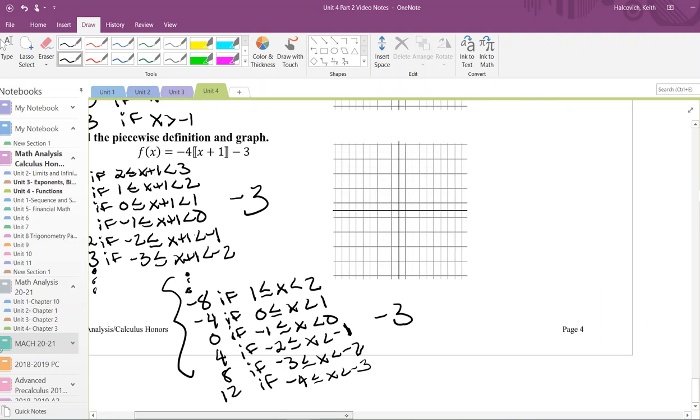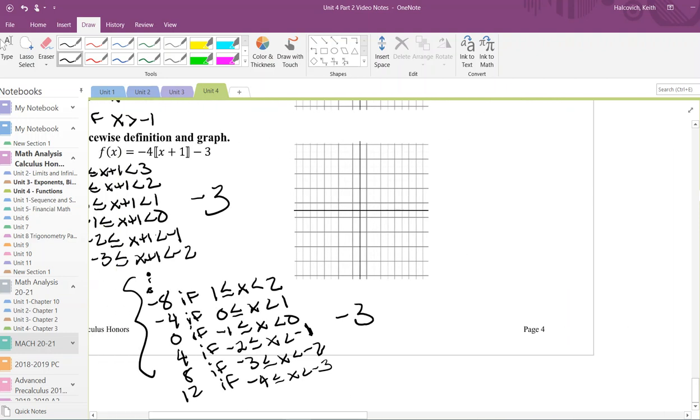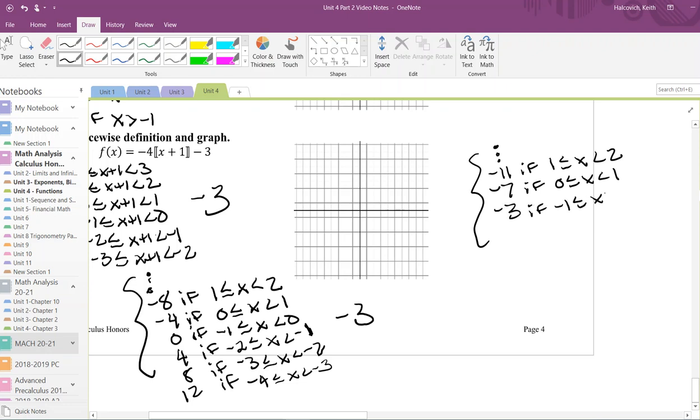So last but not least, you subtract 3. So your final piecewise definition is going to be -11 if it's between 1 and 2. -7 if it's between 0 and 1. -3 if it's between -1 and 0. 1 if it's between -2 and -1. 5 if it's between -3 and -2.